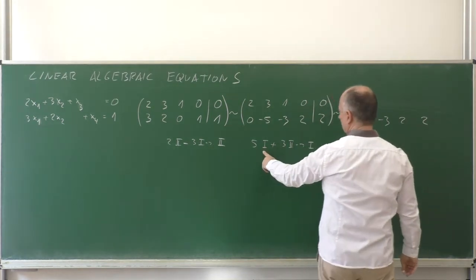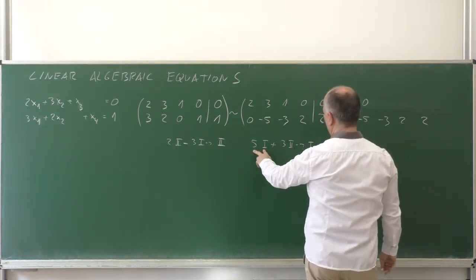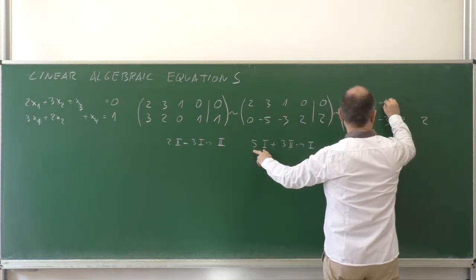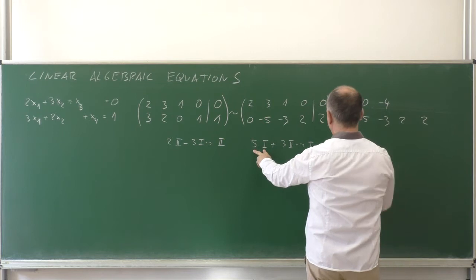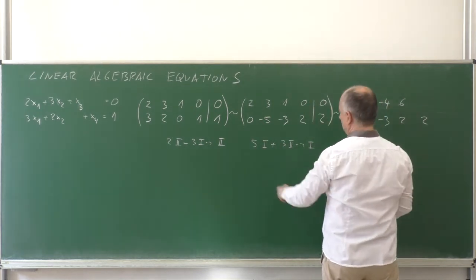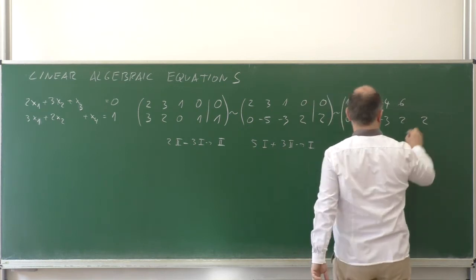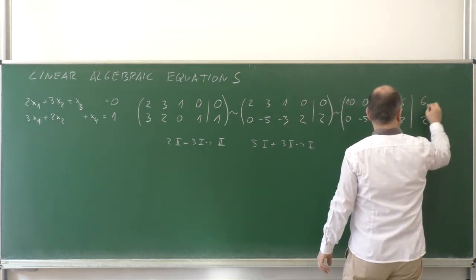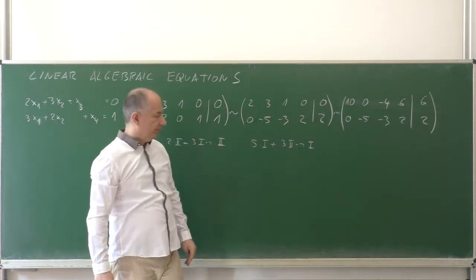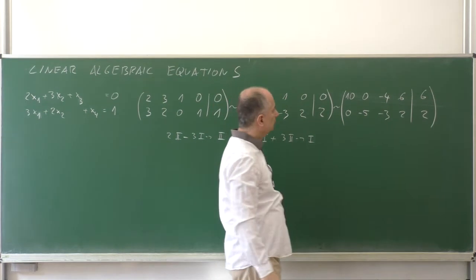And we continue. 5 minus 9 is minus 4, and 6, and 6. Well, and this is a nice result.